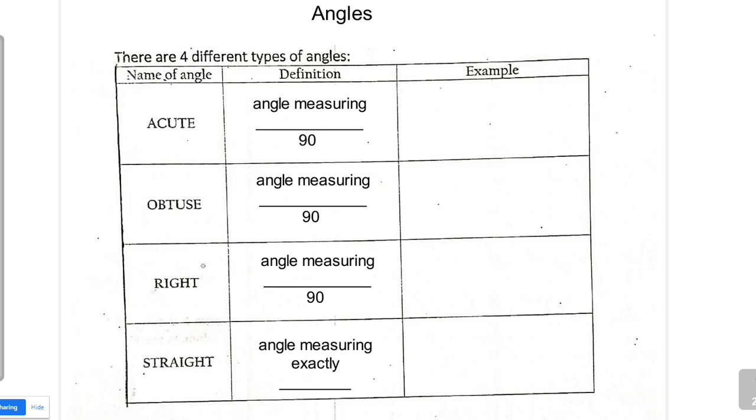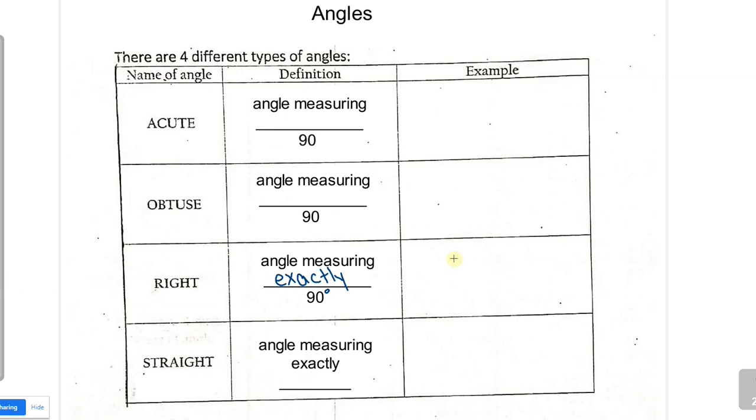A right angle is going to measure exactly 90 degrees.